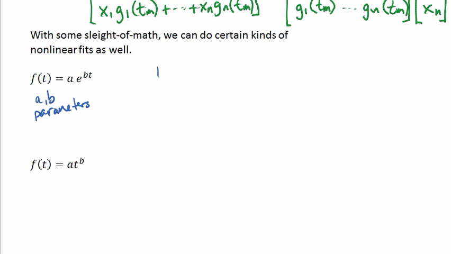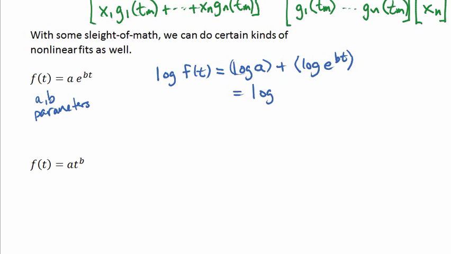But if we take the log of both sides, and here we're always going to use natural logs for our logarithms in this course. So we take the log of the right-hand side, that's the log of a product, so it's the sum of the logs. And that's log of a plus log of e to the bt, which is just b times t.